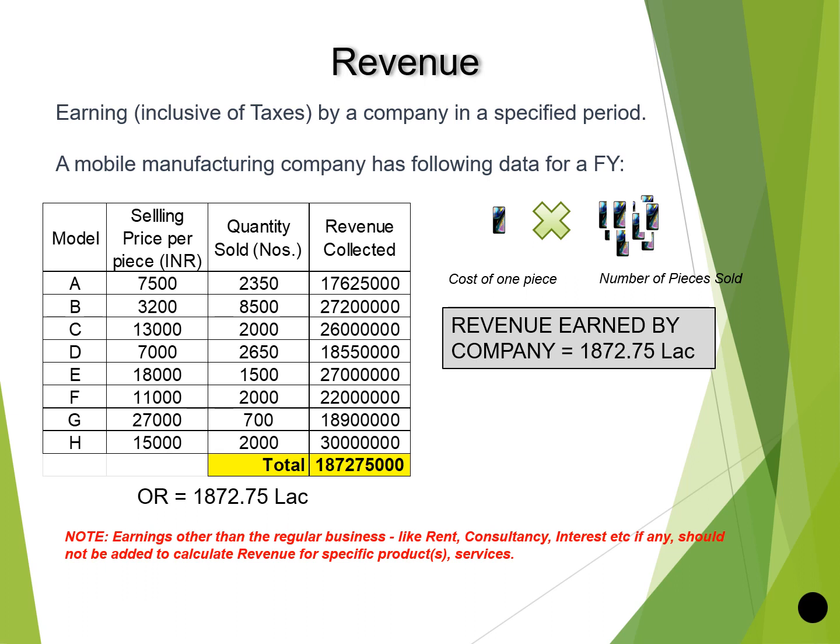But if we are focusing on, for example, only the mobile, that what was the gross profit margin, or what was the revenue earned by selling the mobile, then we shall not include the earnings, if any, from rent, consultancy or interest, etc.